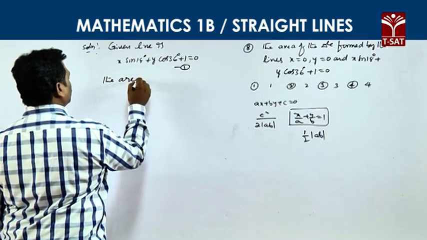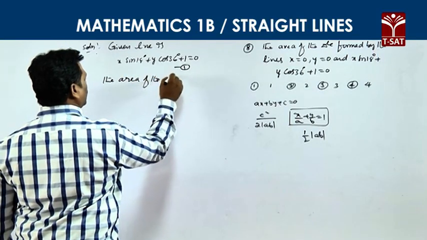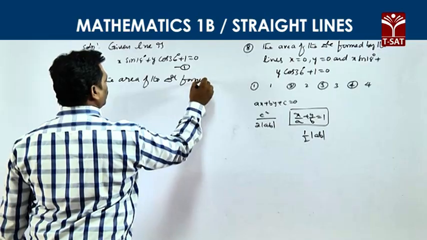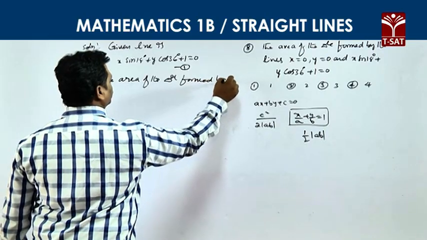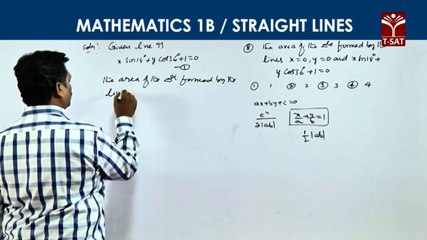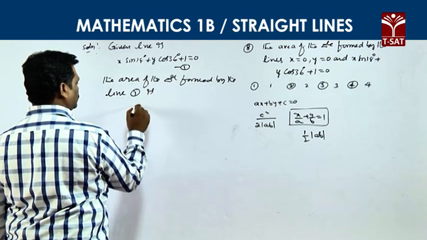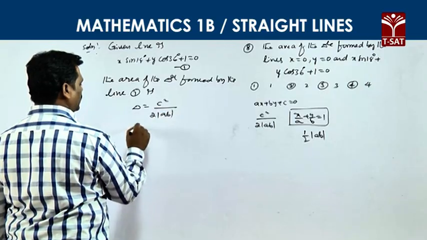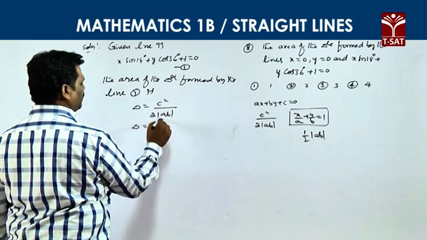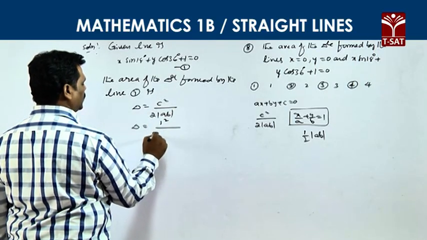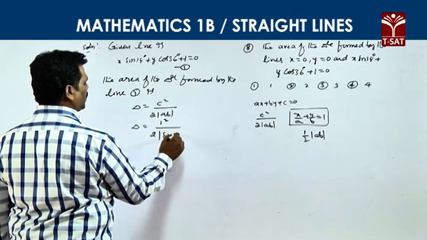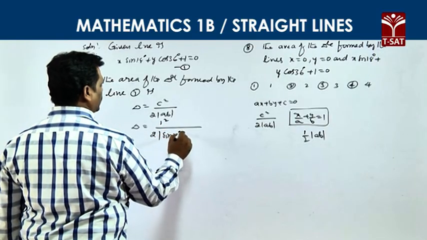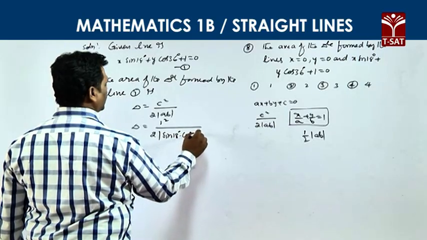The area of the triangle formed by the line 1 is delta = c²/(2|ab|). Delta is equal to 1²/(2 |sin 18° cos 36°|).